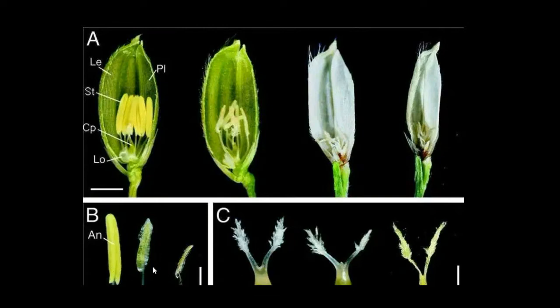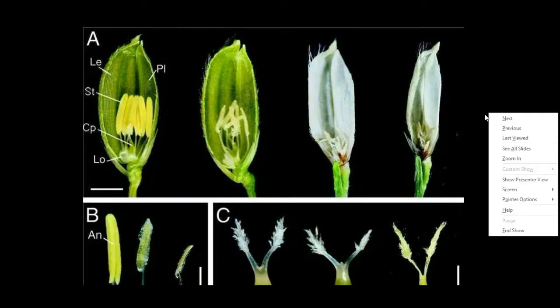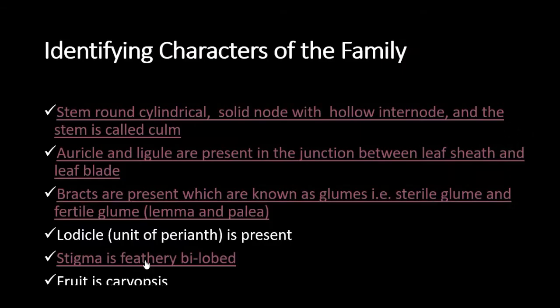This is the connective, and here in rice, this is the rice spikelet. There are 6 stamens arranged in 2 whorls. This is one whorl, this is another whorl. This is the lemma, and this is the palea. The fruit is a caryopsis.